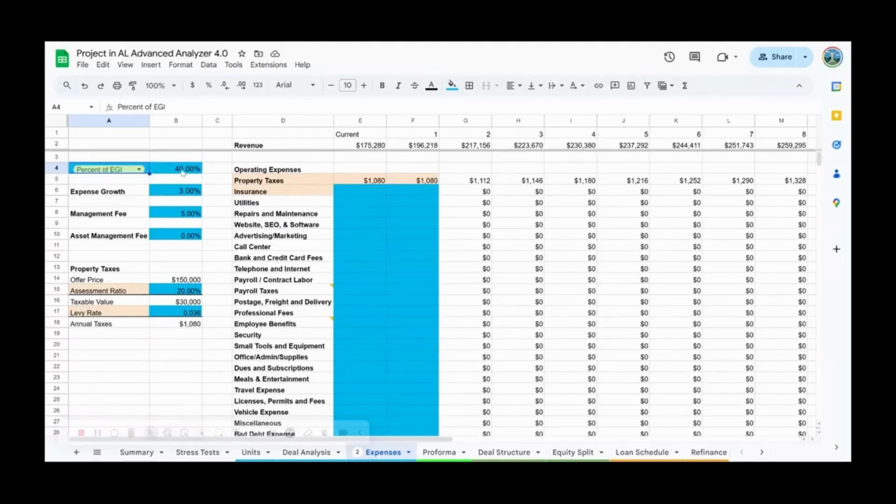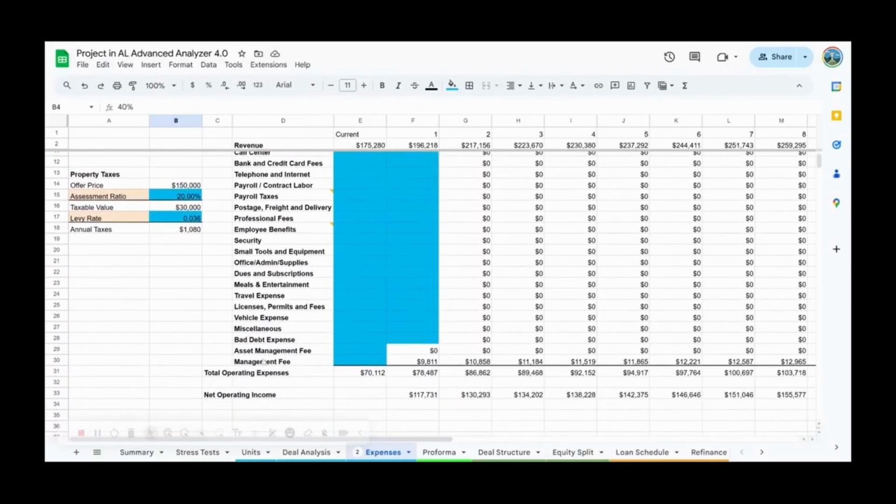And usually we use 35% to 40%, can go up to 50% for existing expenses. We'll leave this at 40% for now. And you can scroll down and see that the total expenses down here is calculated out based on the current expenses.